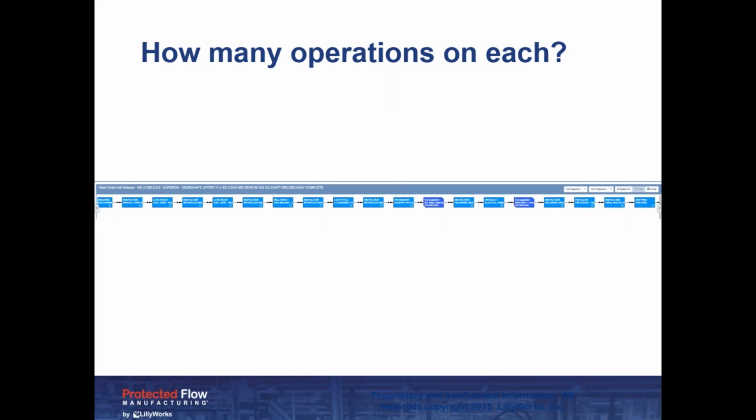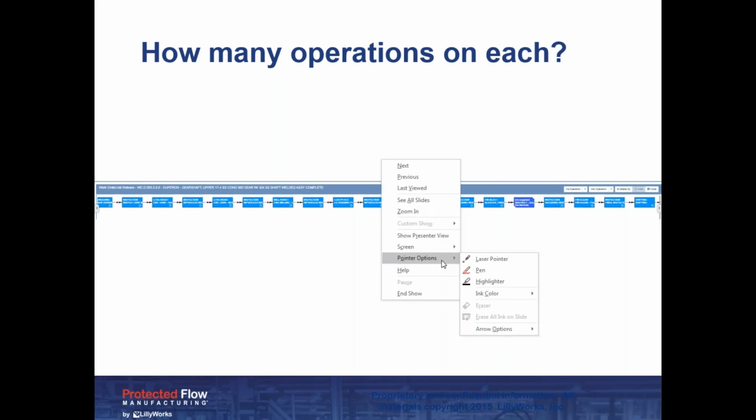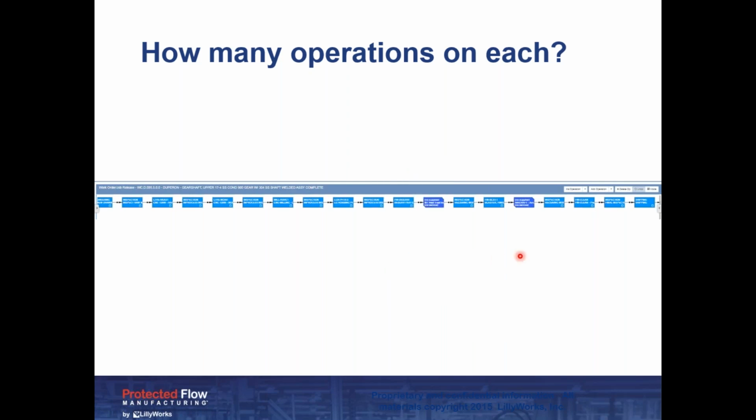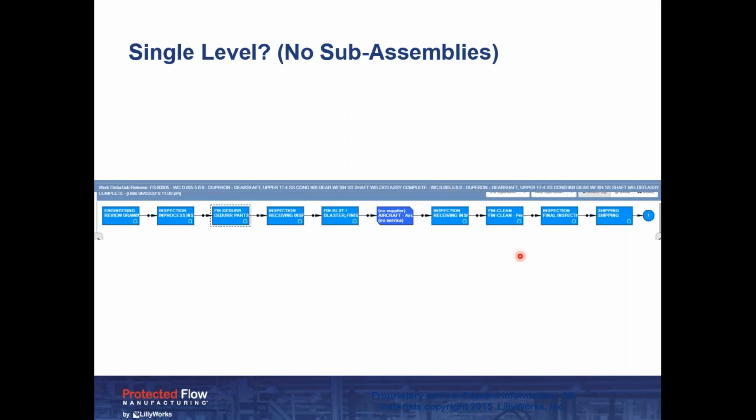Then comes the added complexity of potentially sub-assemblies. So are your jobs really just single level? You're taking a single material, moving it through a series of operations, maybe going outside once or twice before it comes back in, other operations are done, and it's shipped out the door.